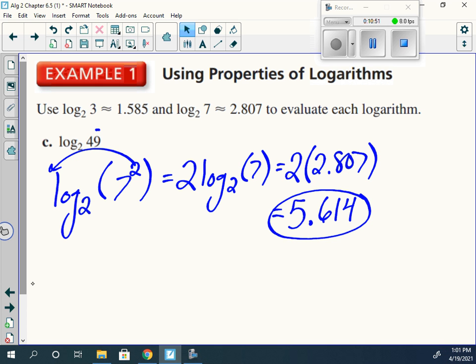So 12, if we wanted to find, if they told us log base 2 of 4 is a number, log base 2 of 12 is a number, we can use the combination to find log base 2 of 3, using multiples and working it out.